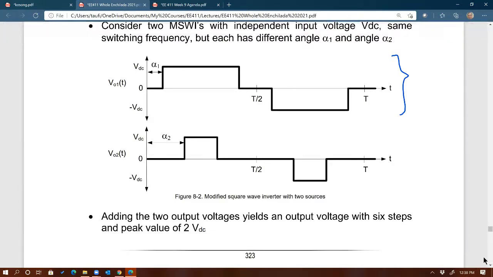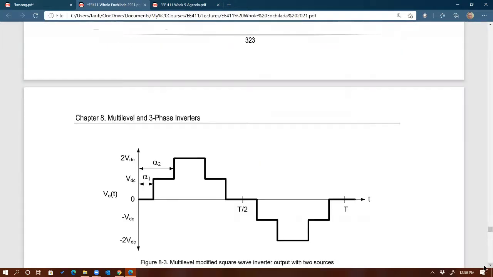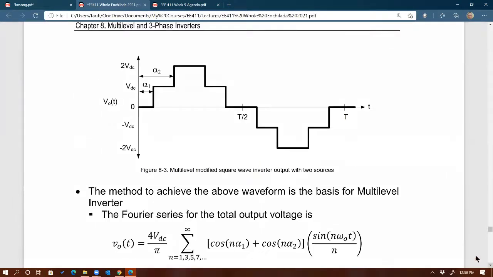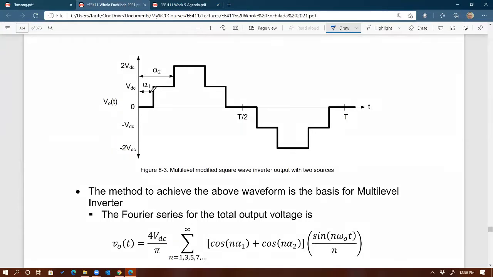We can add more levels, right? As you can see, by adding more levels, by introducing more alpha, you could get a more sine-wave-like output voltage. And imagine if you have more steps, then you get an output voltage that is closer to a sine wave.